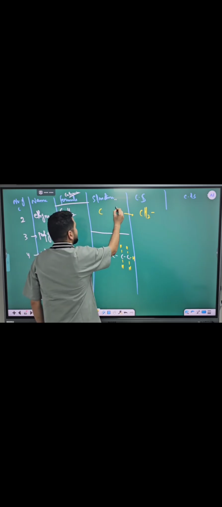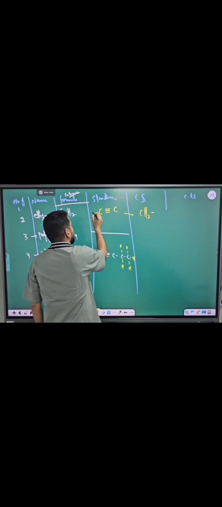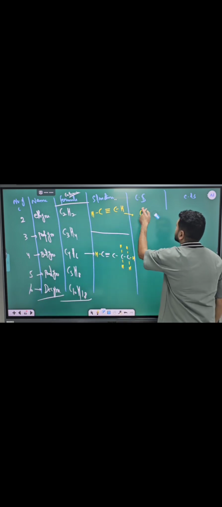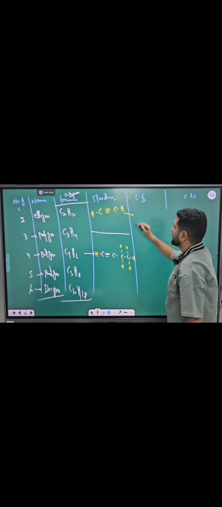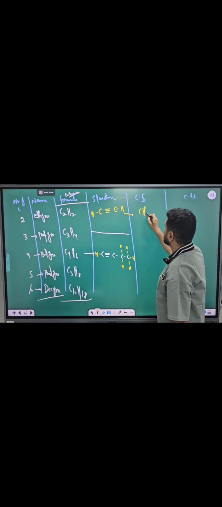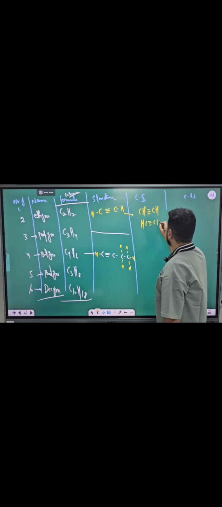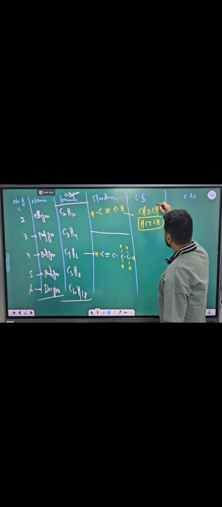Carbon is bonded with carbon by a triple bond, so there will be 1 further bond. This carbon is bonded with hydrogen: CH triple bond CH. Or you can sometimes find it written in the books as HC triple bond CH. That's also correct, right, guys?